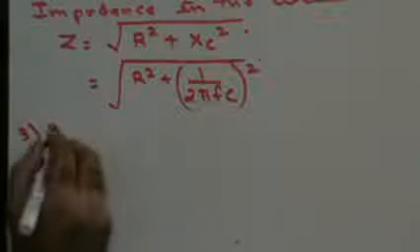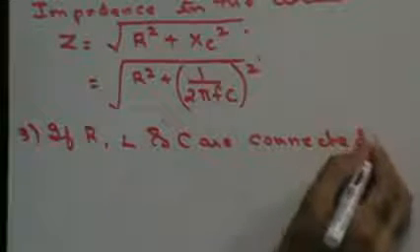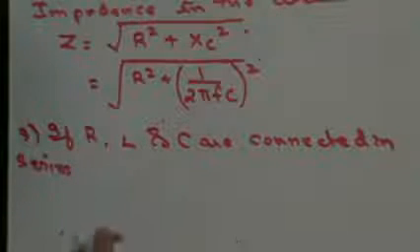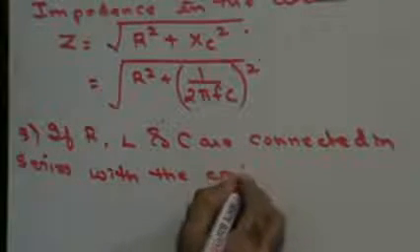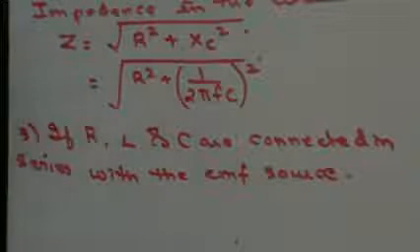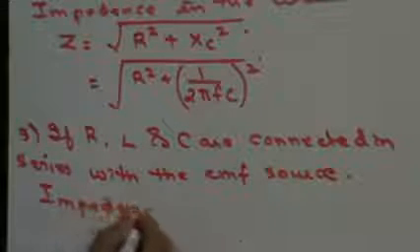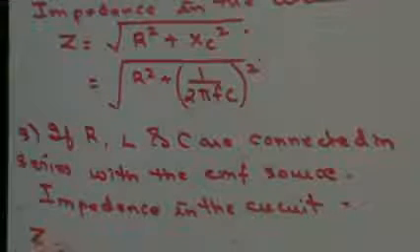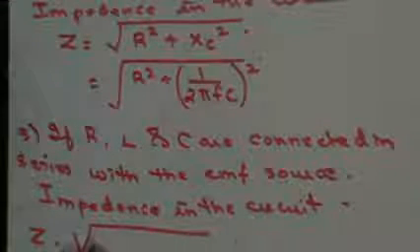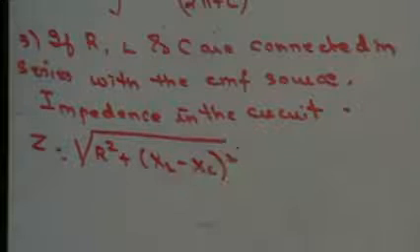Next, if R, L and C are connected in series with the EMF source, in that case the impedance in the circuit Z is going to be equal to the square root of R square plus (XL minus XC) the whole square, right?